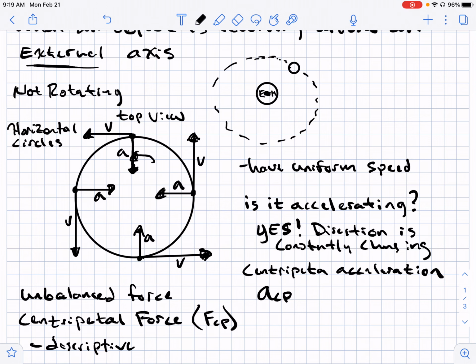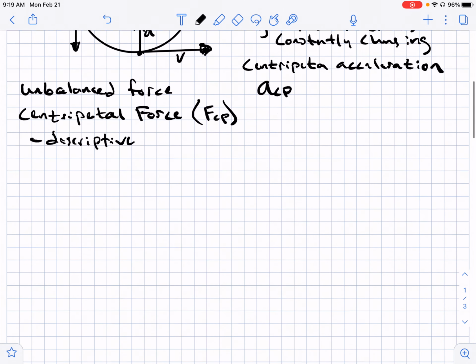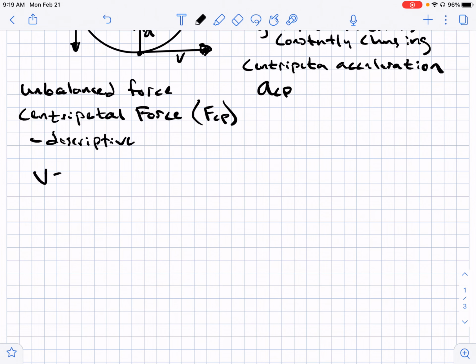Now let's get into some of our new equations that we have for circular motion. So the first one is velocity. Velocity is equal to, remember earlier in the year we said it was displacement over time.